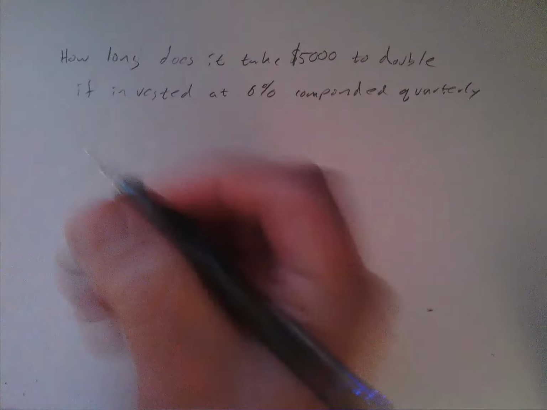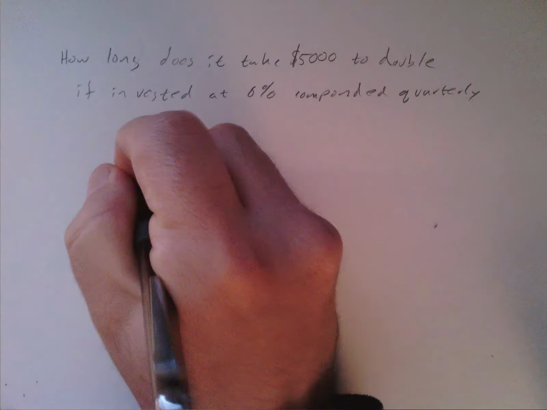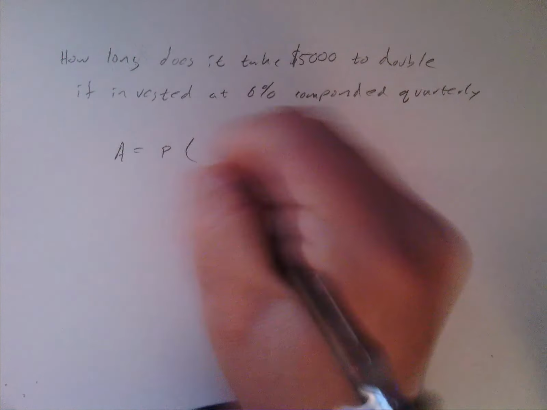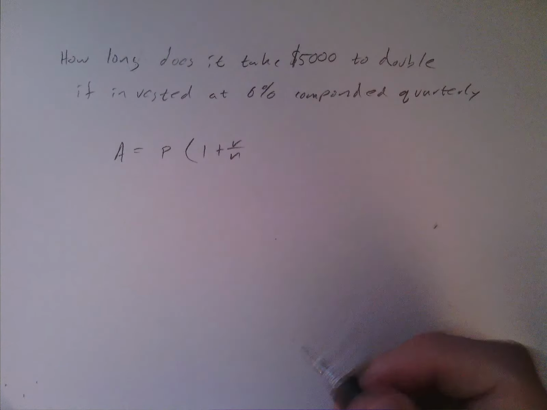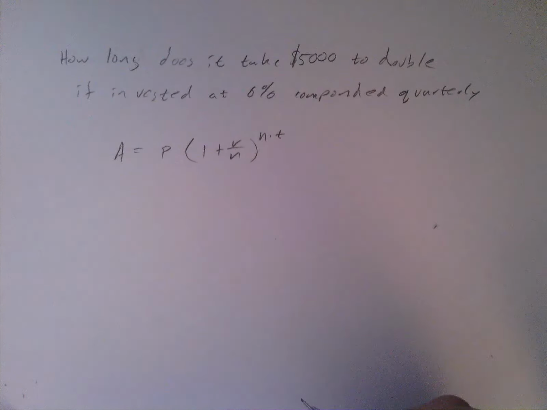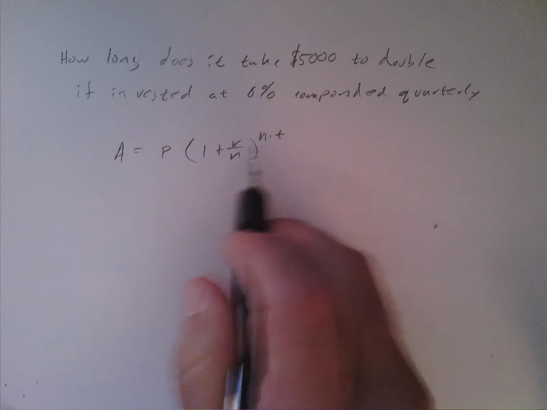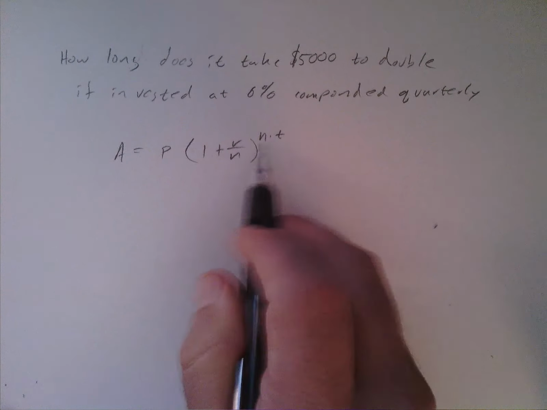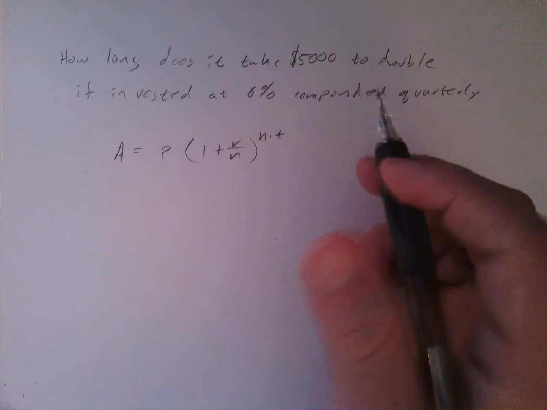So, here we go. We know we're going to be using the amount owed at the end is equal to the principal times 1 plus the rate over n, the number of times compounded in the year, all raised to the n times t. Now, this makes sense because n times t is how many times it compounded, because t is always in terms of years.